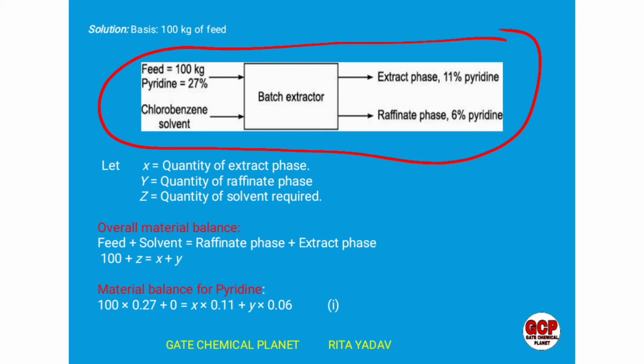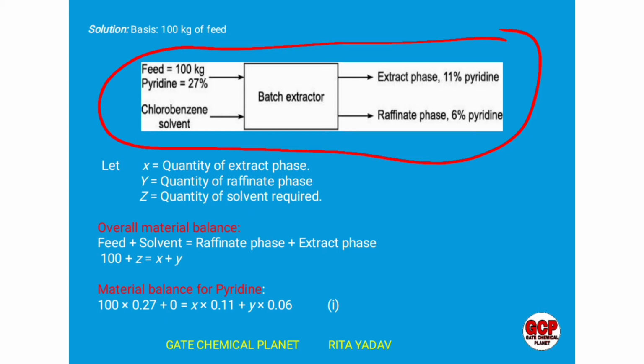First is the extract phase, in which 11% is pyridine, and in the raffinate phase 6% is pyridine. So let us consider that X is the quantity of extract phase, Y is the quantity of raffinate phase, and Z is the quantity of solvent required for separation of the layers.